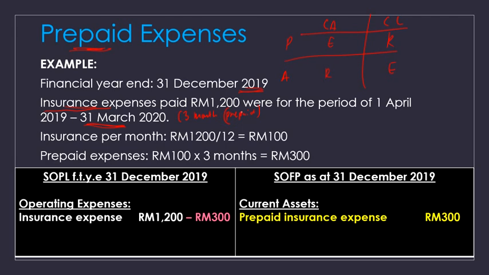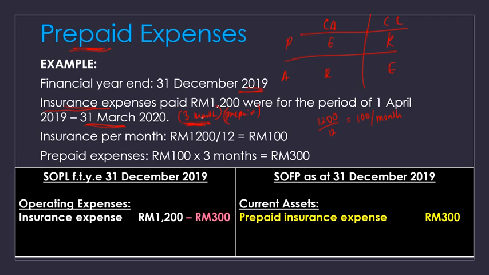So sekarang ni kita nak kira 1 bulan tu kita bayar berapa untuk insurance expense ni. So 1,200 tu kita bahagi je lah dengan 12 bulan. So you akan dapat RM100 per month you bayar. Why kita kena kira per month? Sebab prepaid expenses kita untuk 3 bulan. So kita nak tahu berapa banyak jumlah untuk 3 bulan ni.